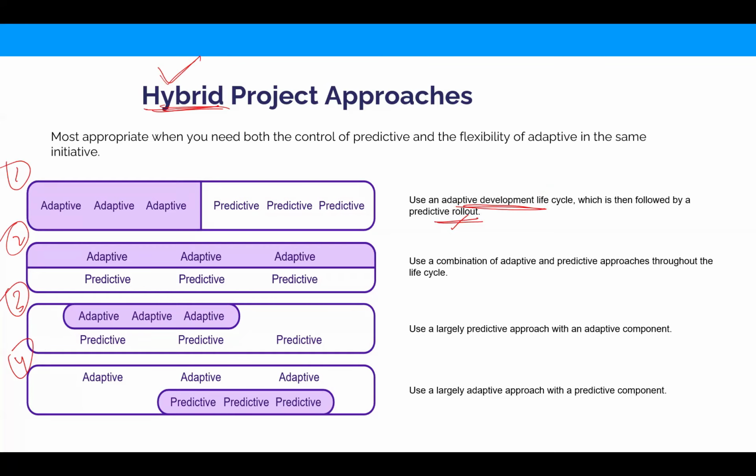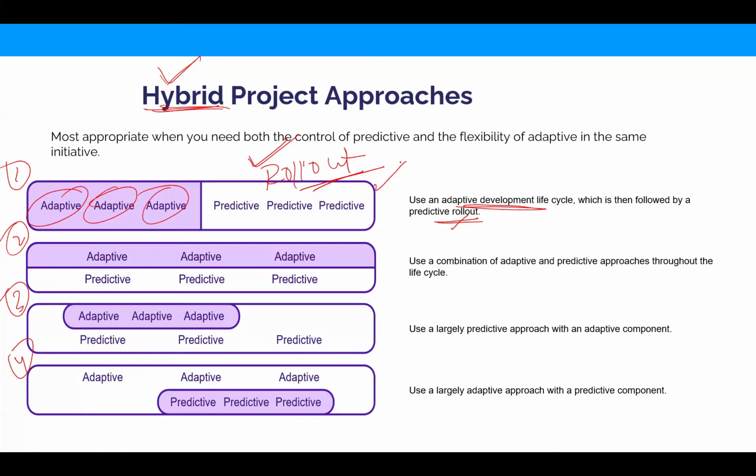And then after the product is built, we have to deploy that in multiple locations, let's say. So the deployment is fairly well understood. Their requirement would not much change. So we want to do the rollout using predictive, because the requirement is well understood. But the development part, the product development, we'll build using adaptive. So that could be an example of hybrid.